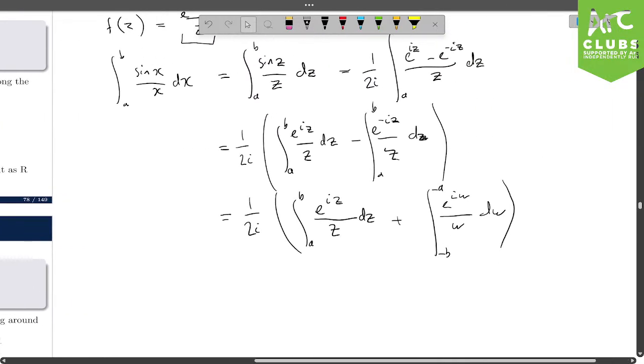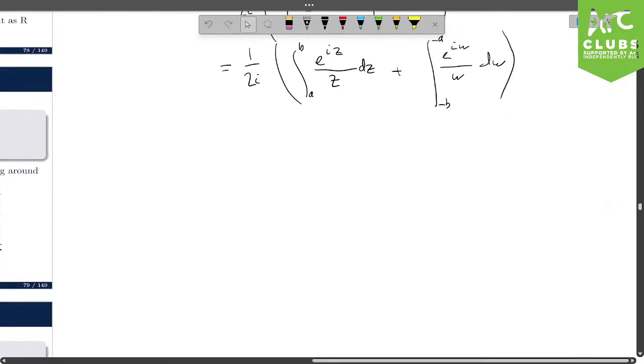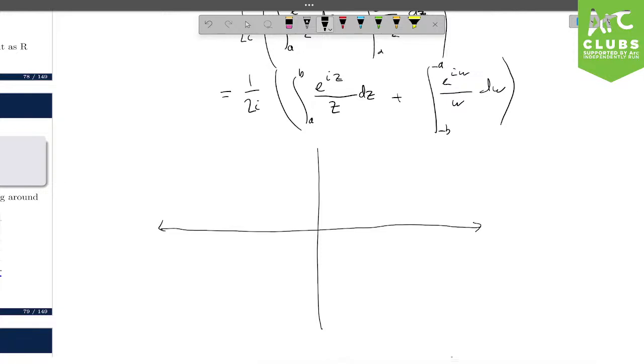So perhaps we could relate these two integrals somehow to the theorems that we've learned, attempt to simplify them somehow. So if we observe what those integration paths look like on the complex plane, the path from a to b along the real line would be in this direction, right?